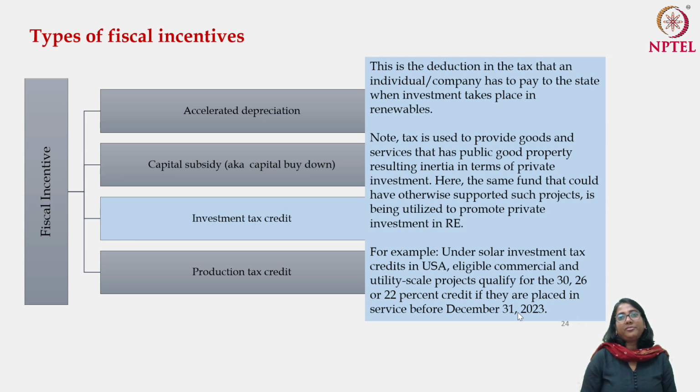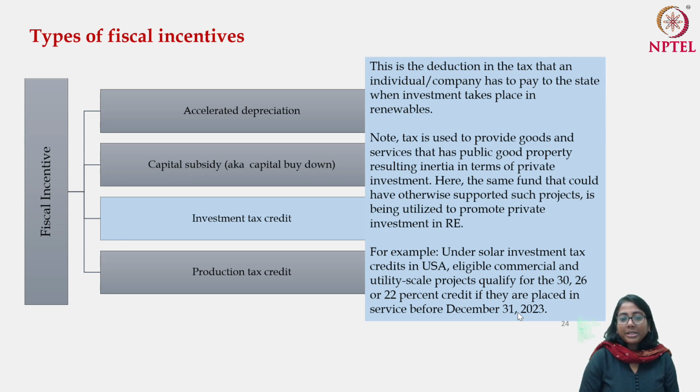But this kind of benefit is difficult to capture within the private benefit. Therefore, investment in renewable energy projects has certain public good characteristics. So what the government is saying is that instead of giving me the money in the form of tax, why don't you invest that money in renewable energy generation, which is again sort of a public project.